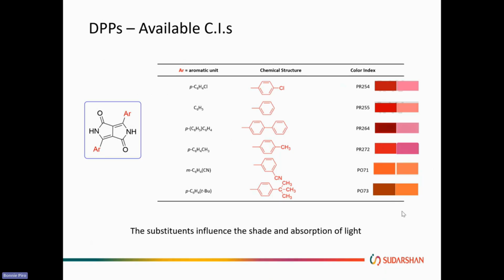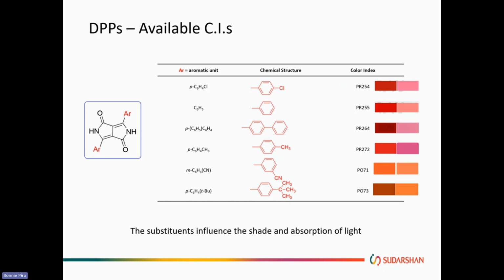All right, from a chemistry perspective, they all share the same backbone. Depending on what aromatic is attached onto that backbone structure will dictate the color index, which then results in the color shade of that particular DPP chemistry.